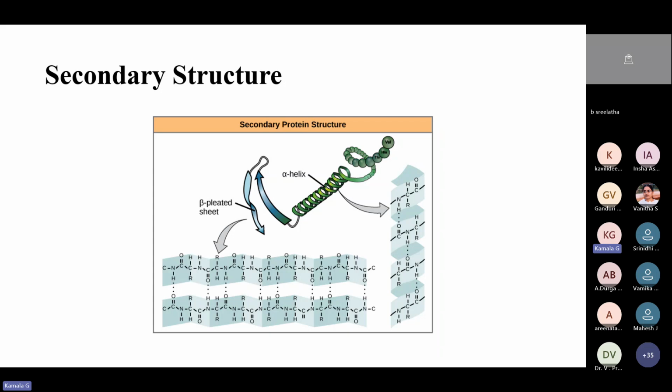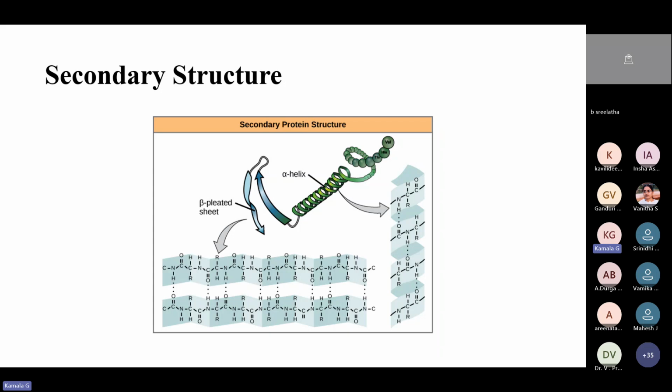Okay, so these alpha helix or beta pleated sheets are connected with beta bends and beta turns. These are the 4 important secondary structures we should know in the protein structure. Secondary structure depends on what kind of amino acids are present in the protein, which is known from the primary structure, right?